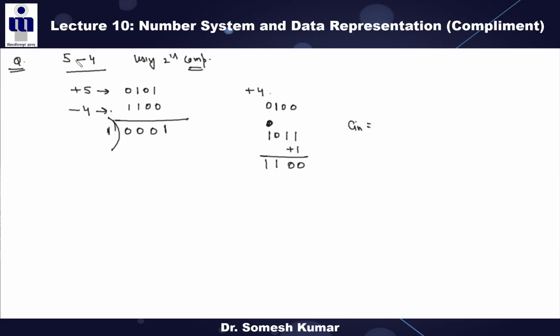But here, plus 5 minus 4, both have the opposite sign. So don't go into the detail of the overflow. First check whether overflow is possible or not in this calculation. So from this calculation, it is clear that there must be no overflow, right? Clear?